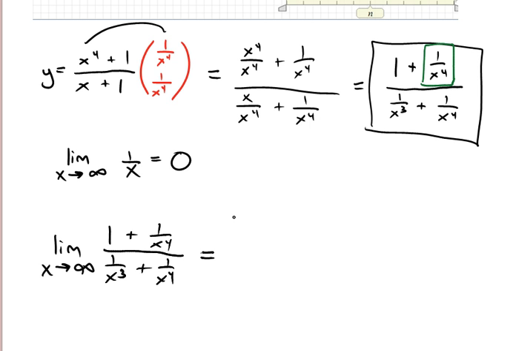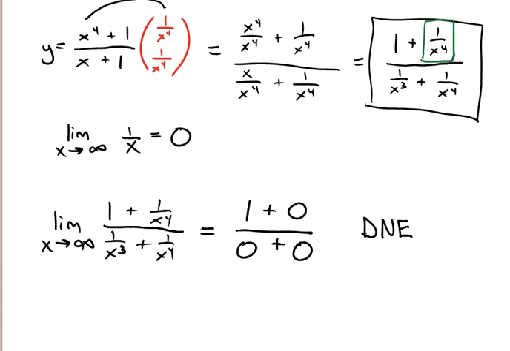We are going to get a limit that does not exist. We get 1 plus 0 over 0 plus 0, which does not exist. Since we have a limit that does not exist, that means there is no horizontal asymptote.